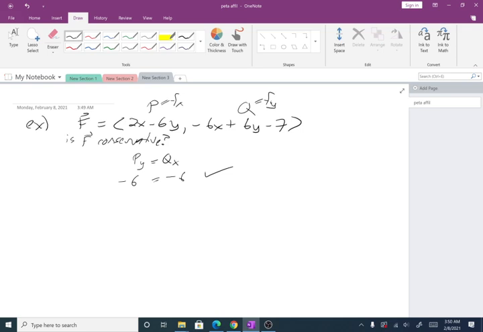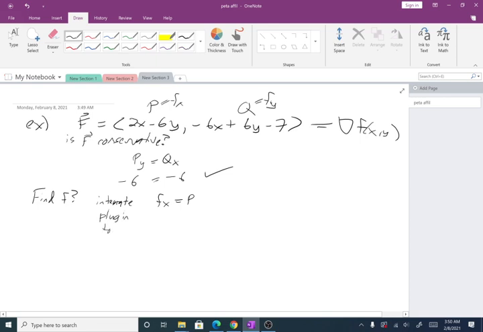So now we need to find f. Because we know now that this is the gradient of some function f of x, y. So now we just need to find this thing. So here's the strategy. First you integrate Fx equals P, and then you plug in to Fy equals Q. So integrate and solve.